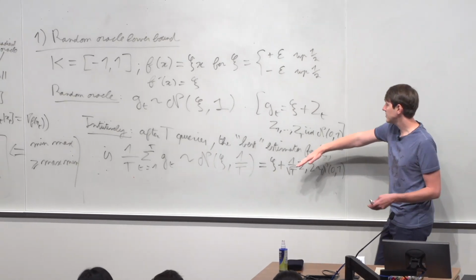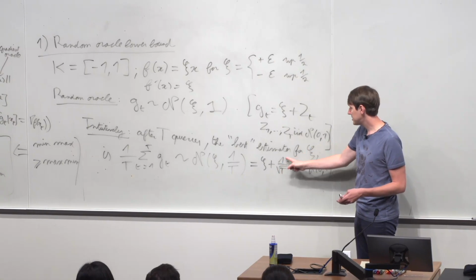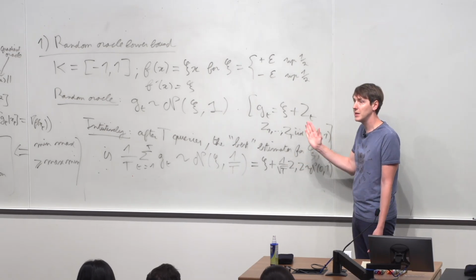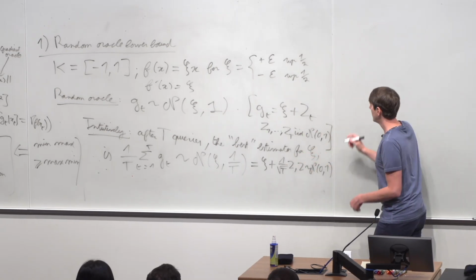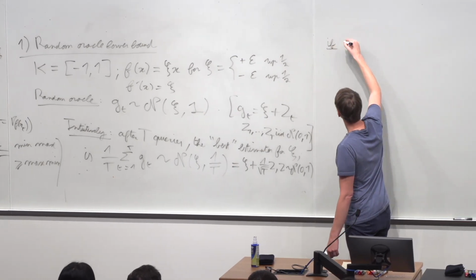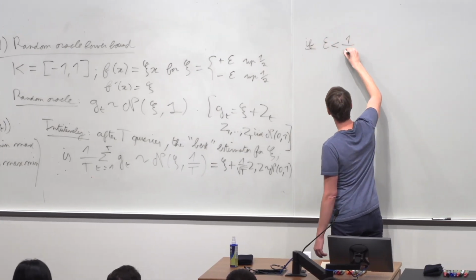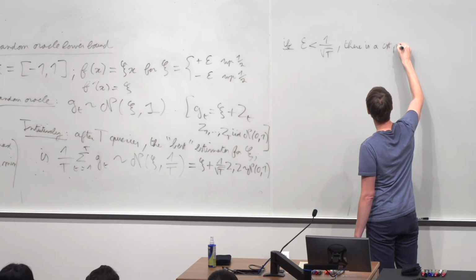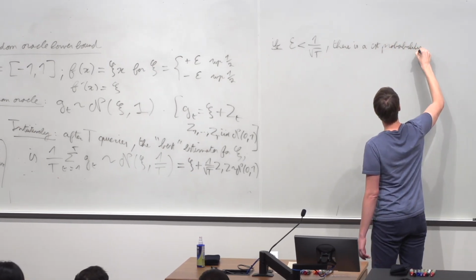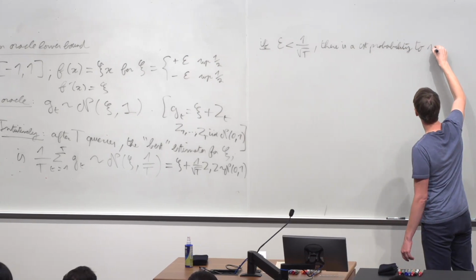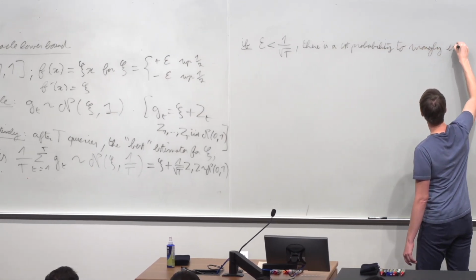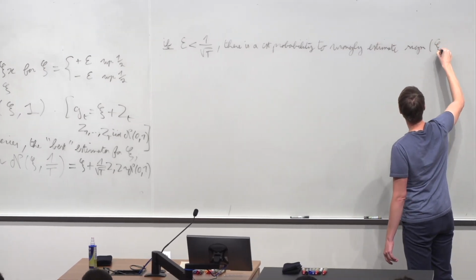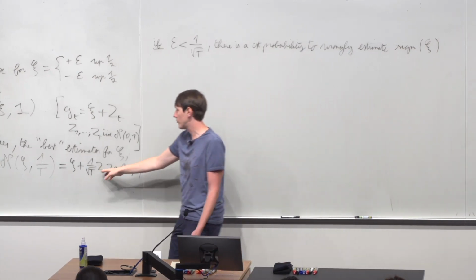So you see, if the slope is either epsilon or minus epsilon, and epsilon is smaller than 1 over square root T, then there is a constant probability to wrongly estimate the sign of psi, because the deviations are of the order of a constant.